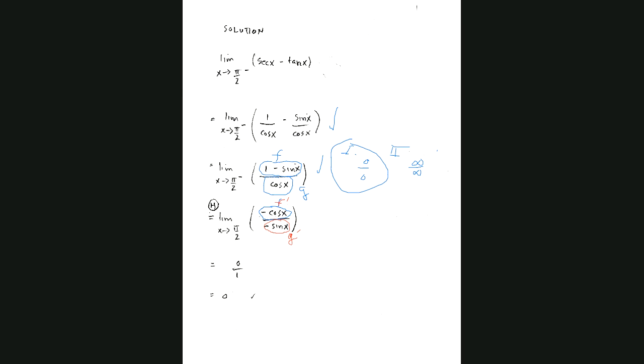But this is determinate because cosine of x goes to 0 as x goes to pi over 2, and the sine of x goes to 1. So that worked, and we have our limit. The negative simplified out, Sergio, because in the numerator we had a negative and in the denominator we have a negative.